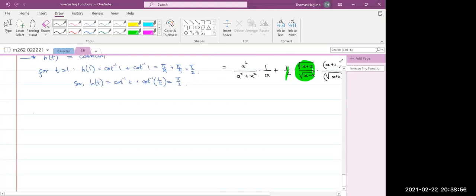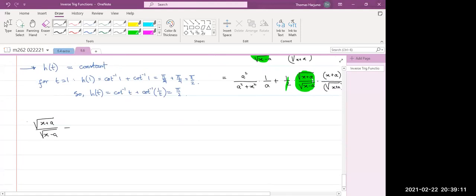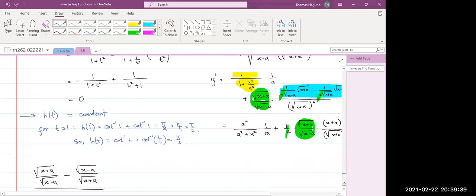So we will simplify the following: square root of x plus a over square root of x minus a, minus square root of x minus a over square root of x plus a, big over square root of x minus a squared, x plus a squared at the bottom.